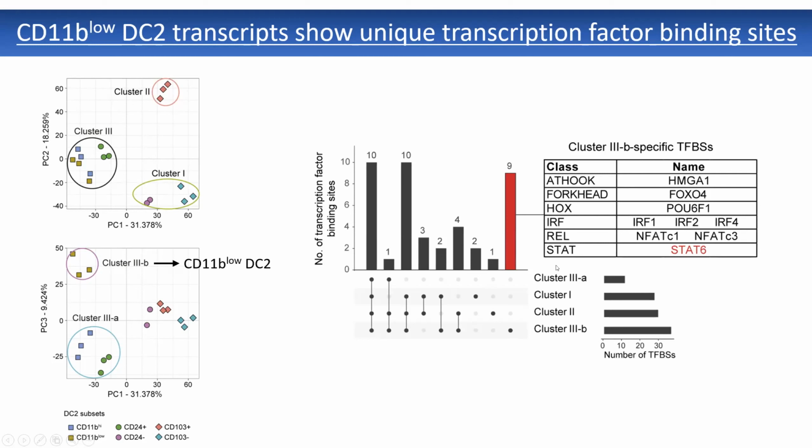And we observed to our surprise that the cluster 3b, which represents CD11b low type 2 dendritic cells from the skin, had a unique expression or enrichment of several transcription factors, which are listed here, which based on the literature search have several properties in the involvement of T cell interaction and antigen presentation, but also we found a strong enrichment for the transcription factor STAT6, which really puzzled us because STAT6 is strongly involved in type 2 immune responses, but has limited involvement in steady state immunity.